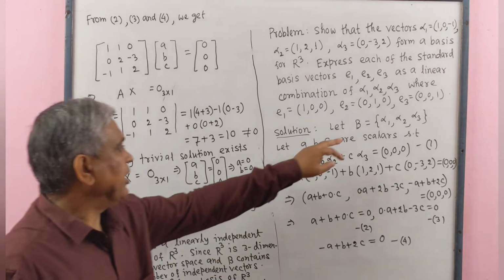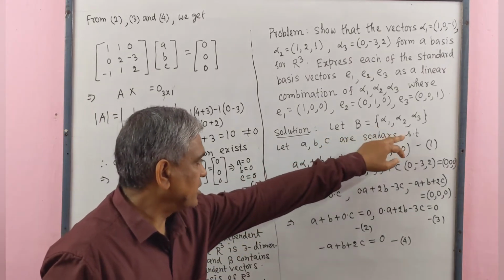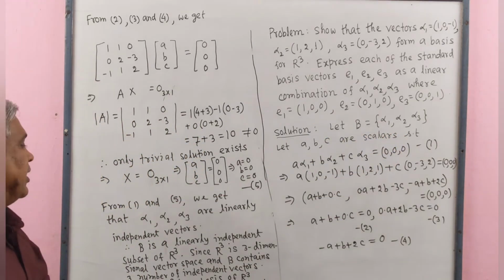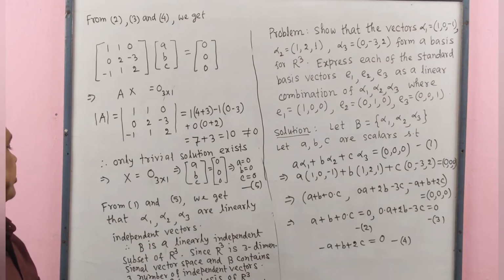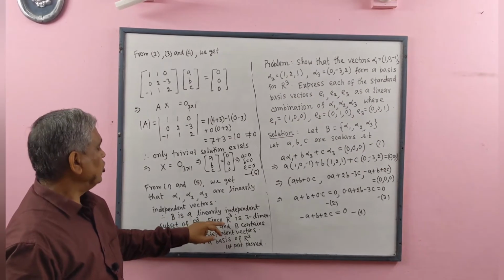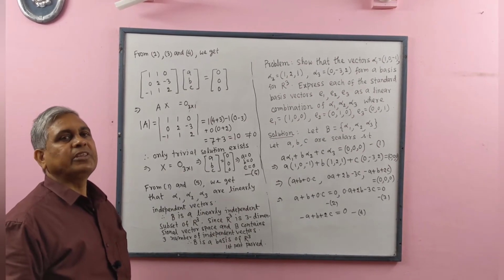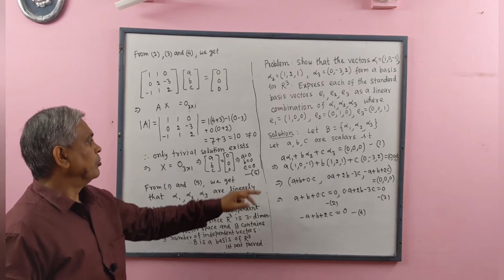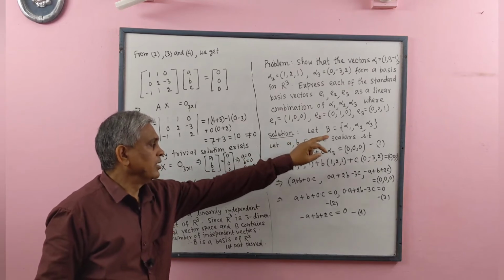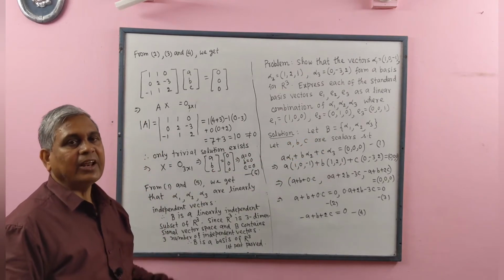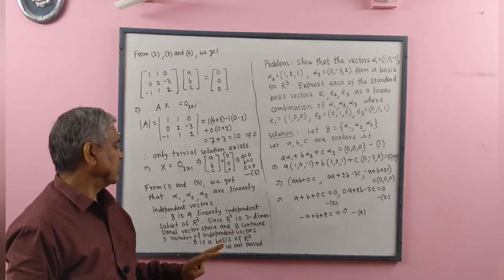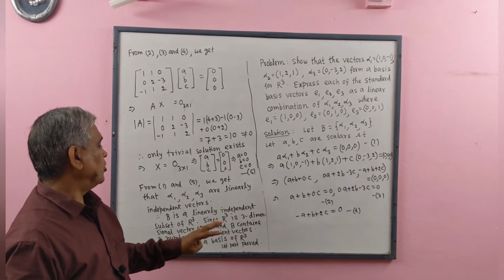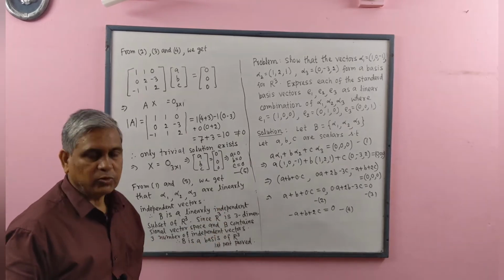Since B contains these vectors, therefore B is a linearly independent subset of R cube. Since R cube is a 3-dimensional vector space and B contains 3 linearly independent vectors, therefore B must be a basis of the vector space R cube.